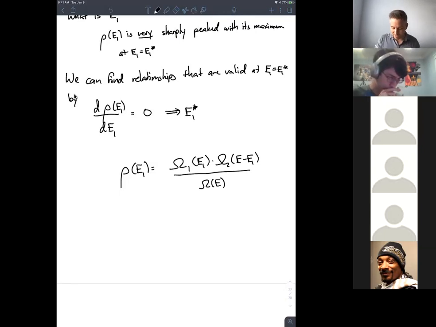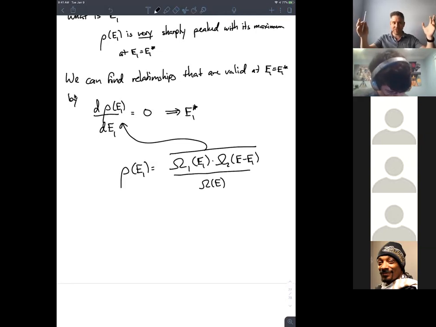When we come back on Wednesday, we're going to take this expression for rho, stick it in here, and start taking derivatives and setting them equal to 0 and see what it tells us. Does anybody have any questions at this point?